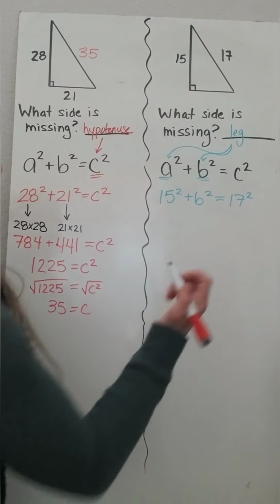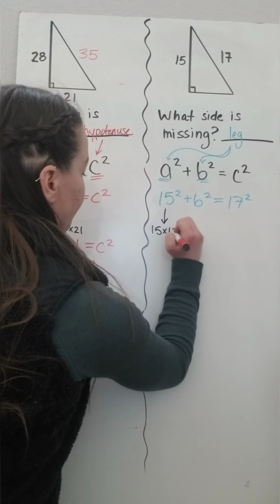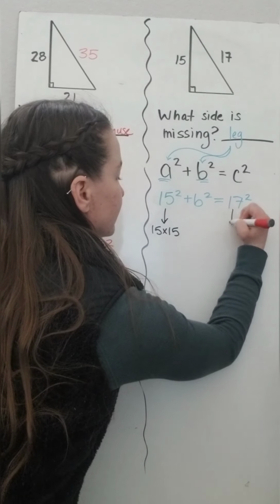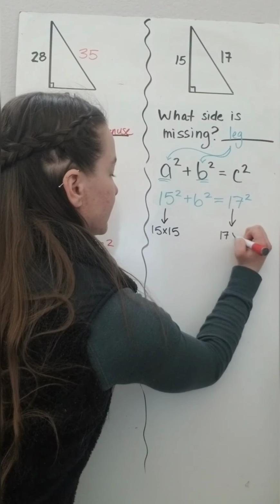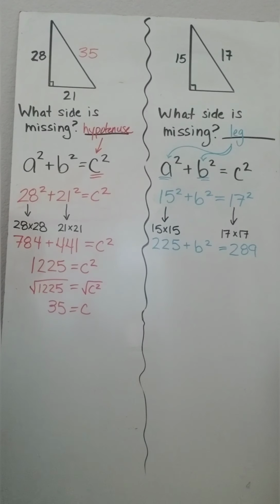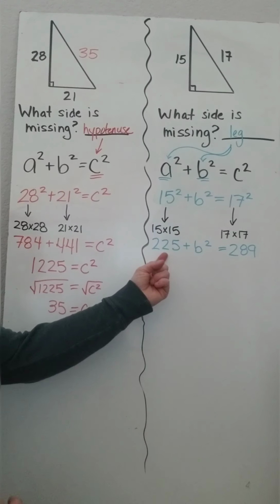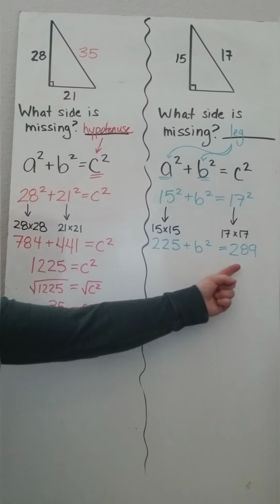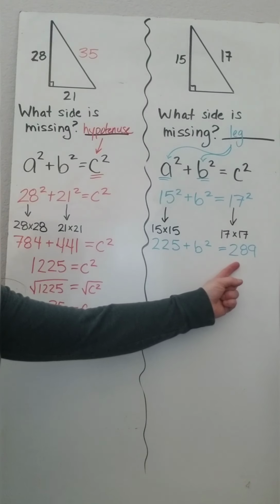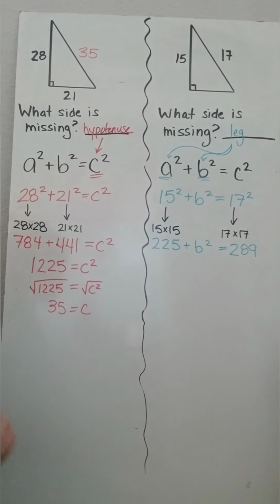So this is the same as saying 15 times 15, and this is the same as saying 17 times 17. After simplifying, I was left with 225 plus b squared equals 289. I carried the b squared down, leaving it as is because I could not simplify it at this point in time.